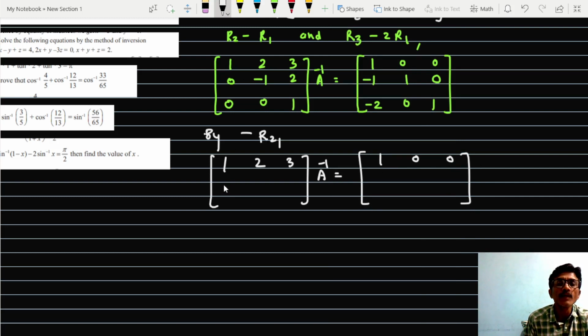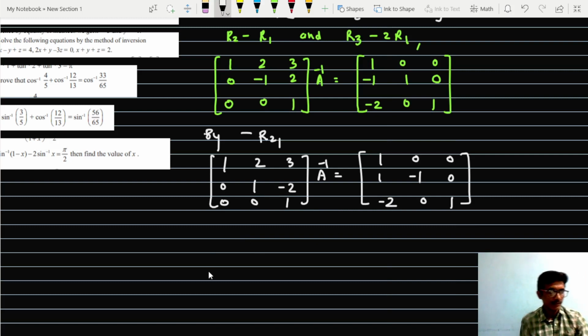The second row we multiply by the negative sign, so it is 1 and this will be -2, here 1 and this -1 0. The third row will be as it is 0 0 1, -2 0 1.